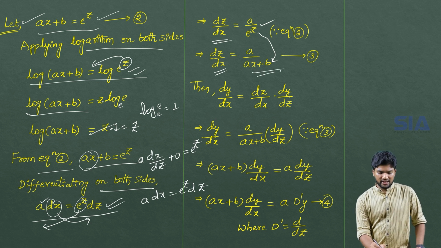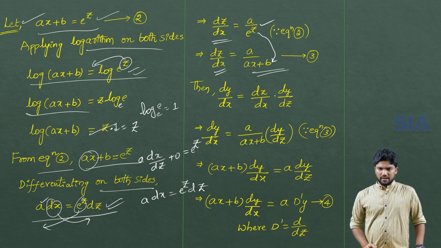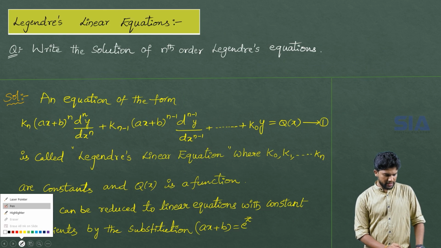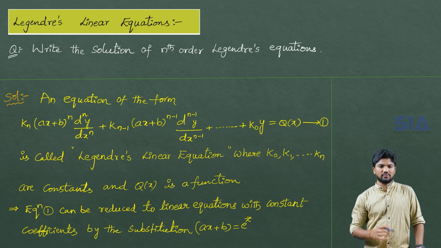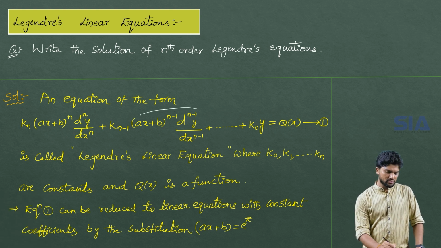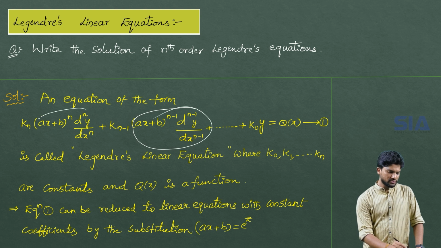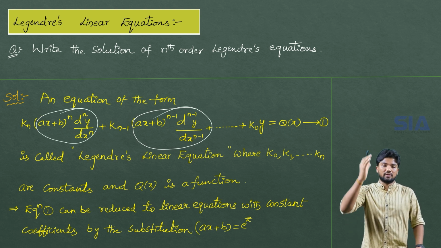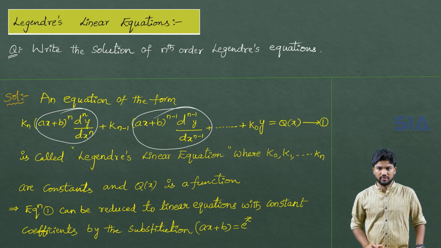Okay, so taking it as equation number 3. Now observe carefully equation number 1. Our final motto is deriving the values of these coefficients, including the d power n y by dx n also.